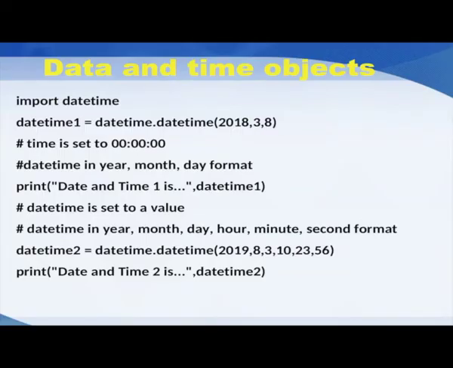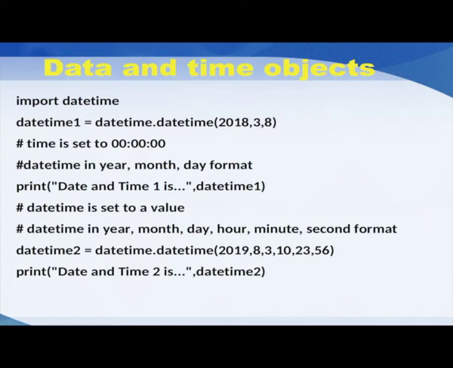As we set a date and time in our previous example, we can also set time along with a date. How do we do it? Observe the console. Here we are setting one datetime: 2018 is the year, 3 is the month, 8 is the date, and as we have not given any time value, the time will be set as 0 hour, 0 minute and 0 second.